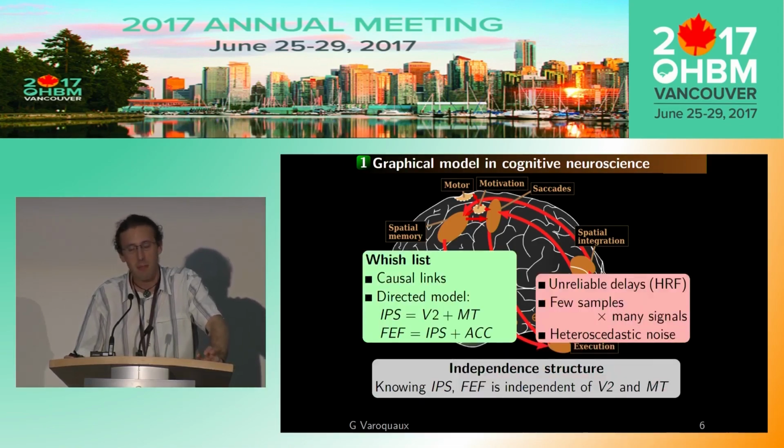There's something intermediate that may or may not be viable, which is to capture the independence structure between those regions. Here, the kind of thing we'd like to capture is knowing the information in the IPS, then the FEF is independent from V2 and MT. That, I think, is useful information, and maybe we can capture this.